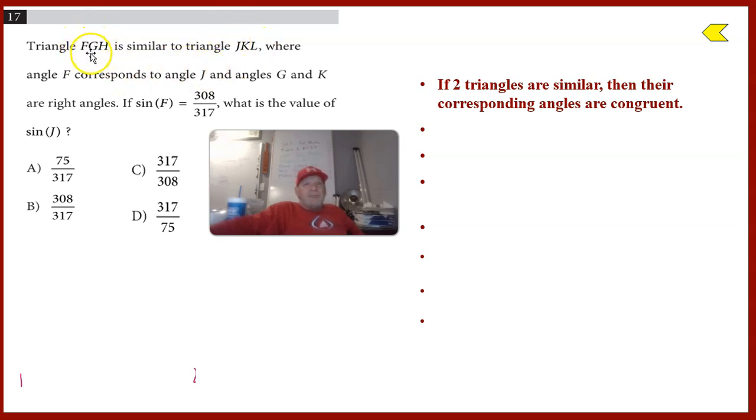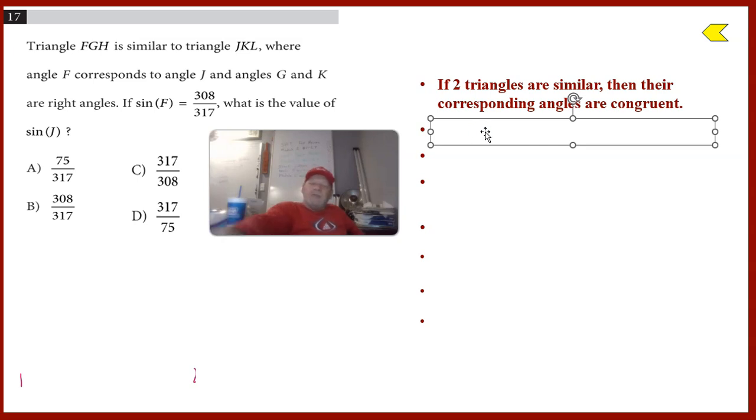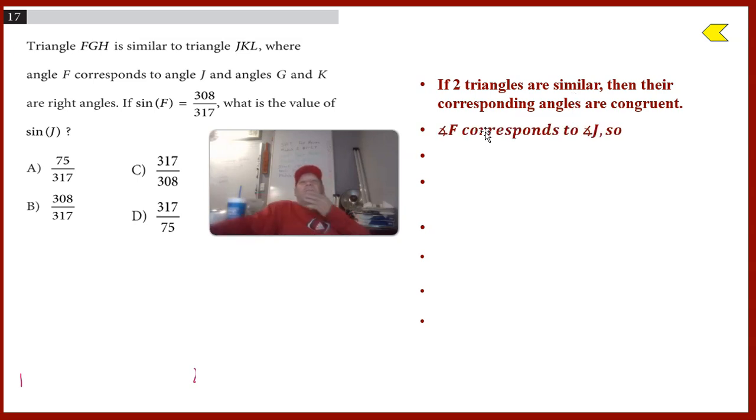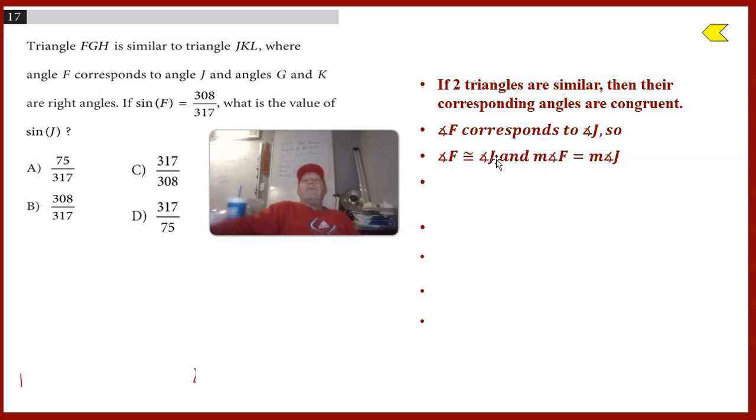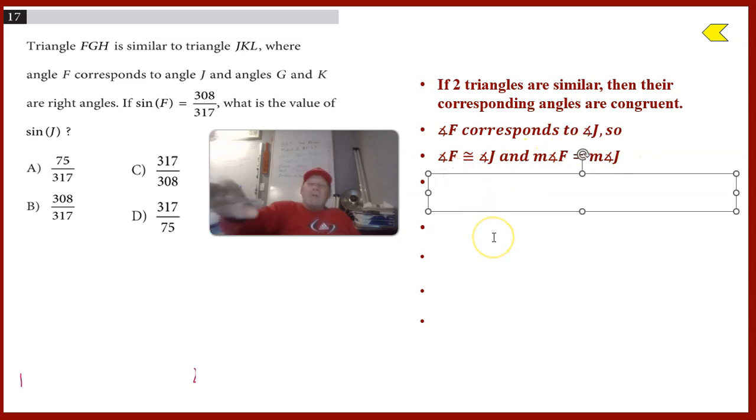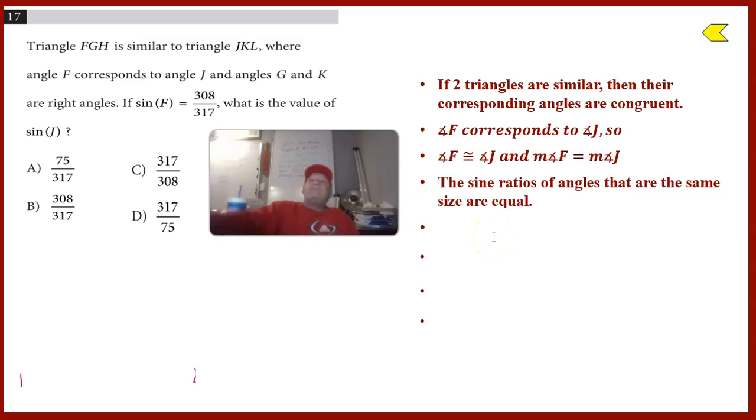And then we know that G and K correspond, H and L correspond. And that's just things that you learned in your geometry class. So since angle F corresponds to angle J, then I can conclude that angle F is congruent to angle J, which means the measure of angle F is equal to the measure of angle J. So their degree measures are going to be the same.